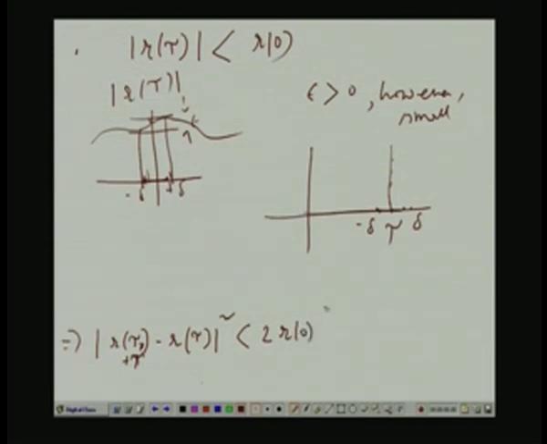I take the 2 common, then R0 minus mod R tau prime.